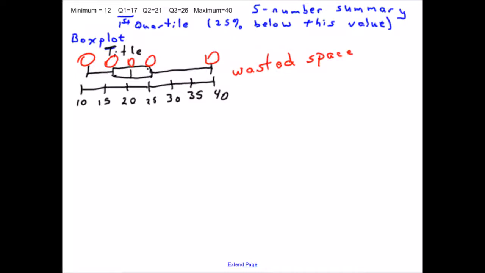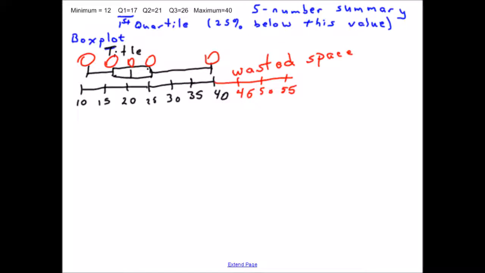I don't want this going out 45, 50, 55, etc. That's wasted space and isn't necessary. Just like I wouldn't go down to 0. So those are items to keep in mind when making the box plot.